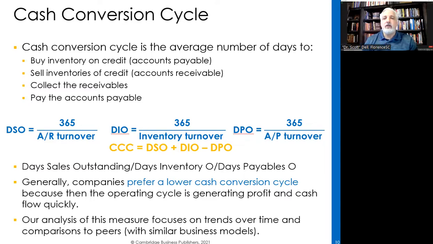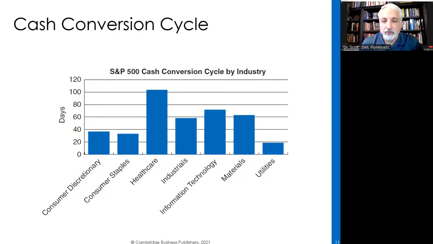So we're looking at these ratios, these analyses, and making these calculations to determine what is our cash conversion cycle. Let's take a look at some of these conversion cycles by industry. Utilities, pretty short. Make the energy, you consume it, get paid for it every month. Healthcare, there's some longer terms here.